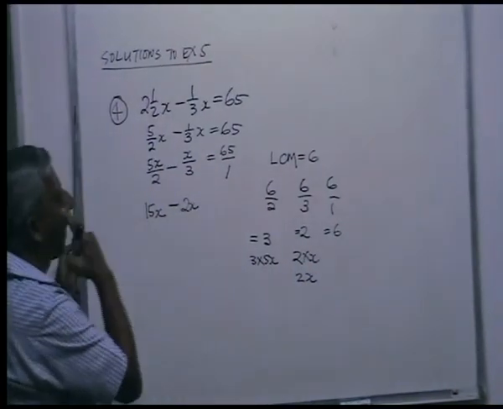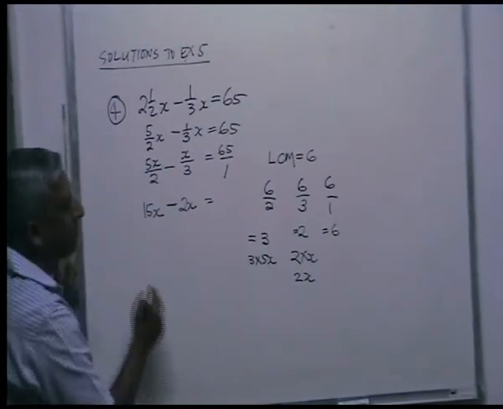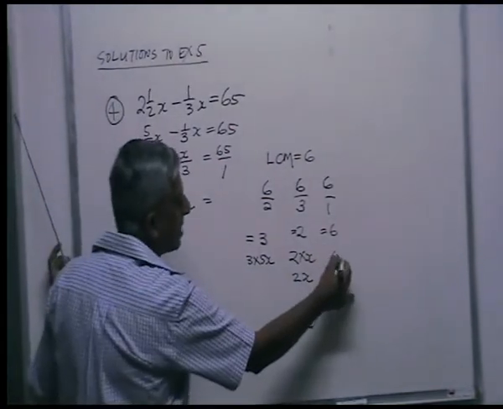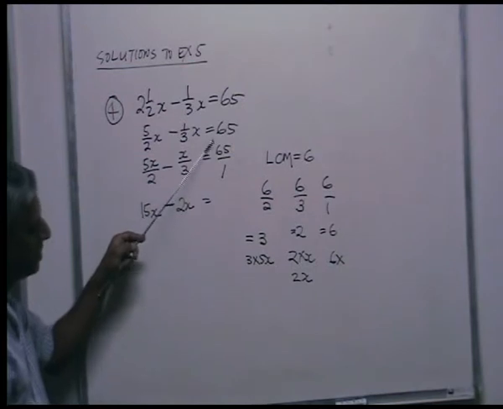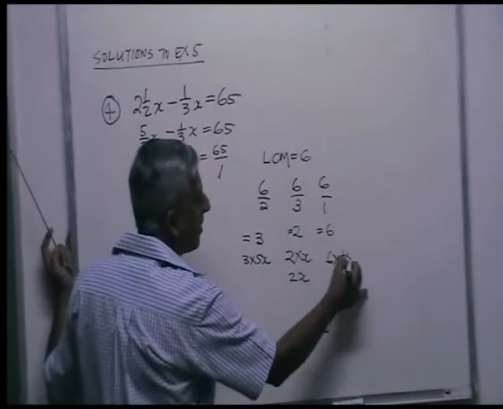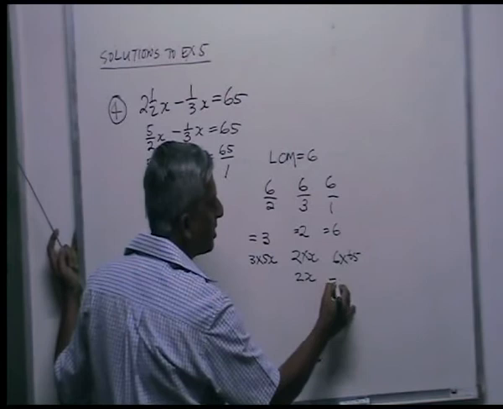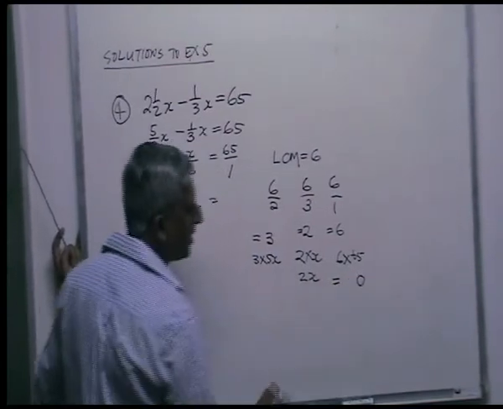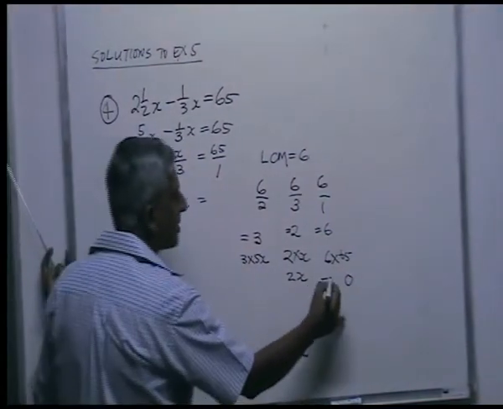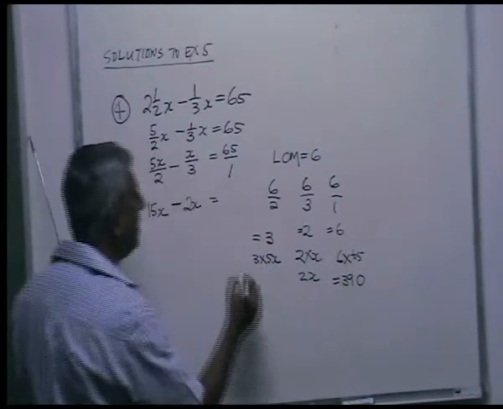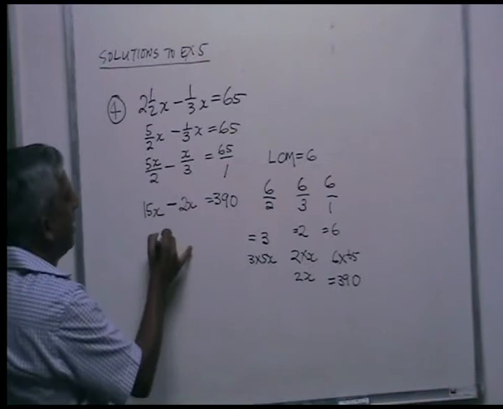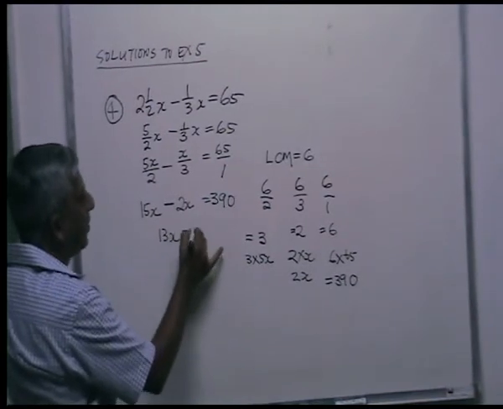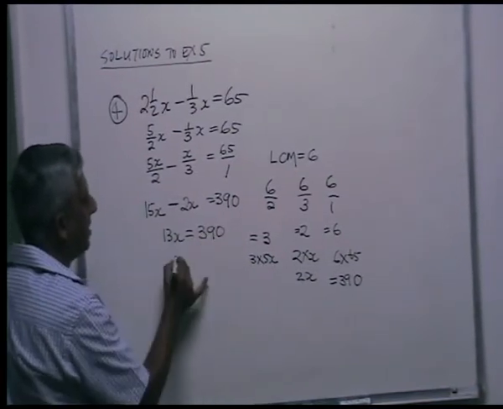So you get 2x is equal to 6 times the numerator that's on the top. So 6 times 65. 6 times 5 is 30, carry 3, 6 times 6 is 36, and 3 is 39. 390. Subtract, and you get 13x is equal to 390.